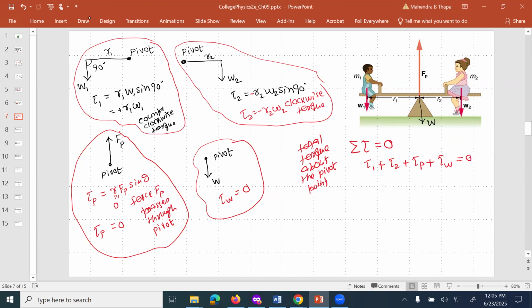So tau 1 will be replaced by R1 W1, tau 2 will be replaced by negative R2 W2, and the rest, these two terms, will be 0. So we can write R1 W1 minus R2 W2 equals 0. That gives us R1 W1, this is the weight, equals R2 W2, this is the weight. Okay, that's how we use the concept.